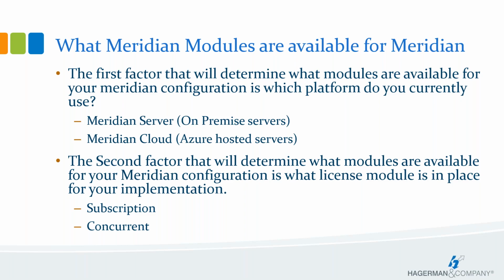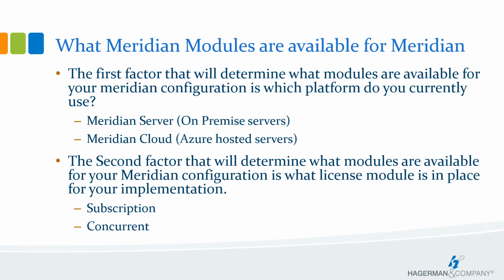Or are you using the Meridian Cloud, which is a bit of a newer approach, but seems to be growing and gaining a lot of traction in the last year or two? That's an Azure hosted server that Accruent provides. Accruent does all of the validation for the server and all of the updates to the servers, and the software is always updated to the most current versions.